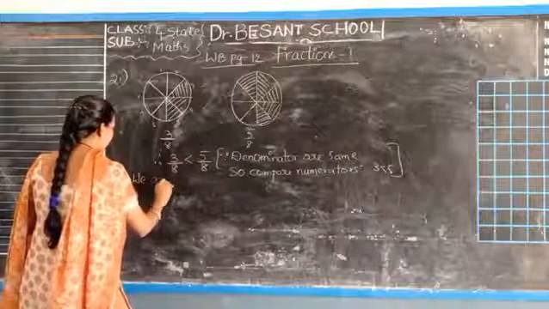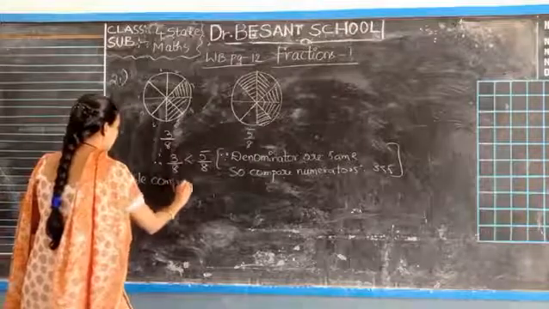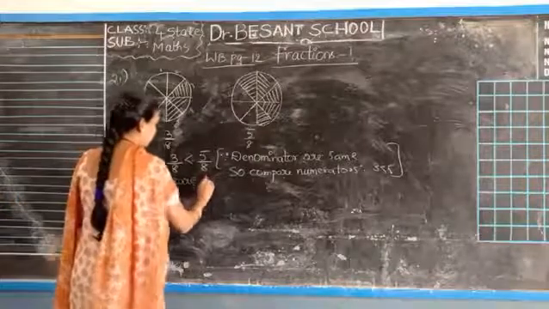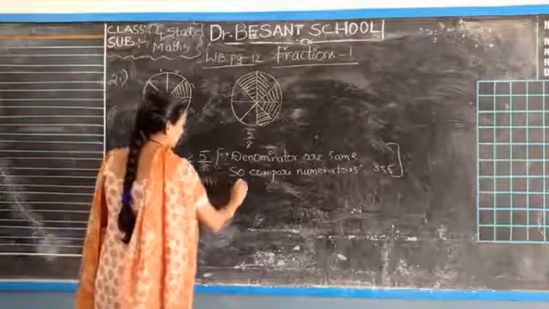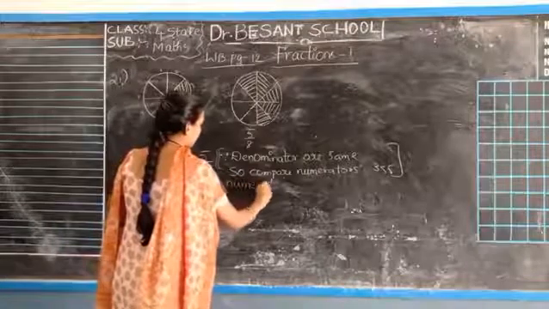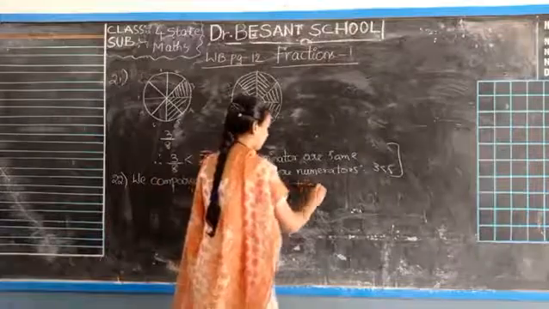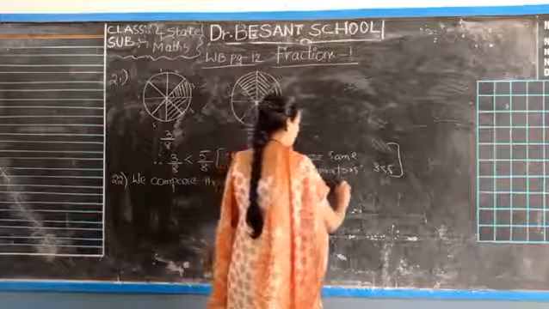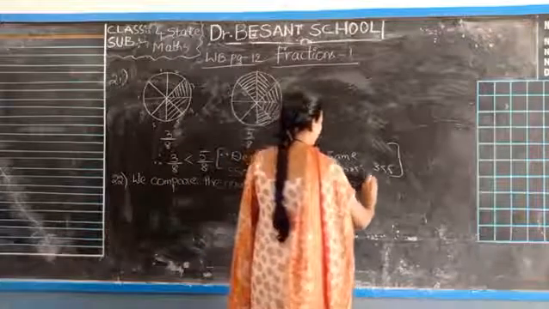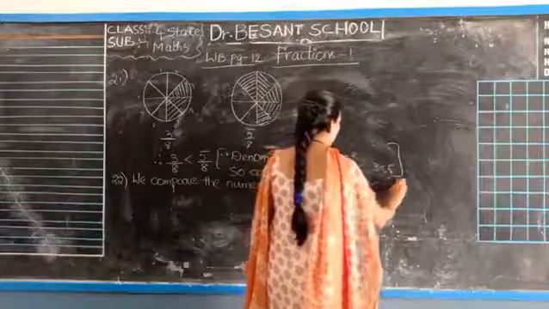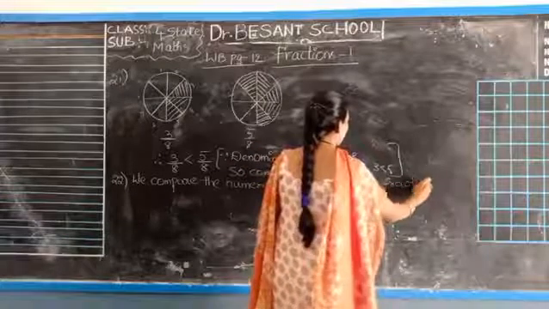So we compare, write like this only. We compare the numerators to arrange the fractions. Write up like this.